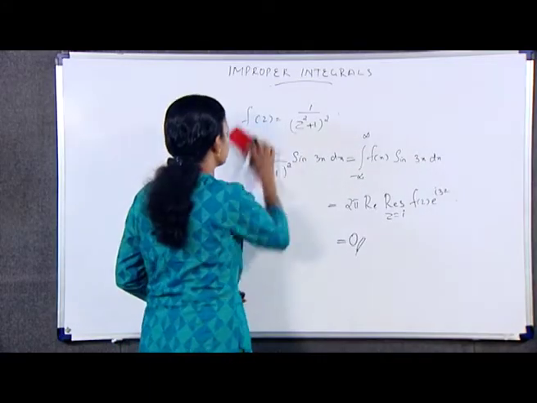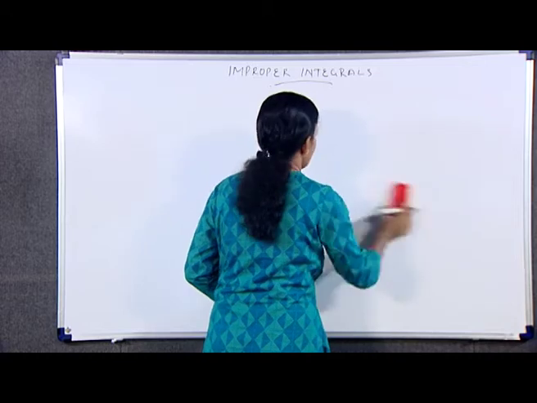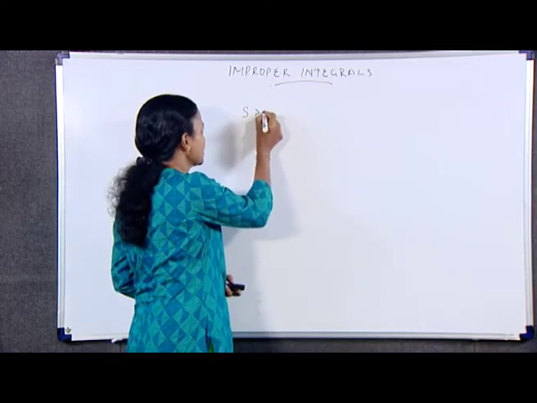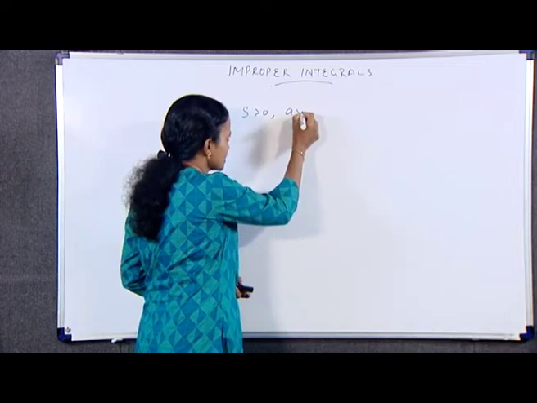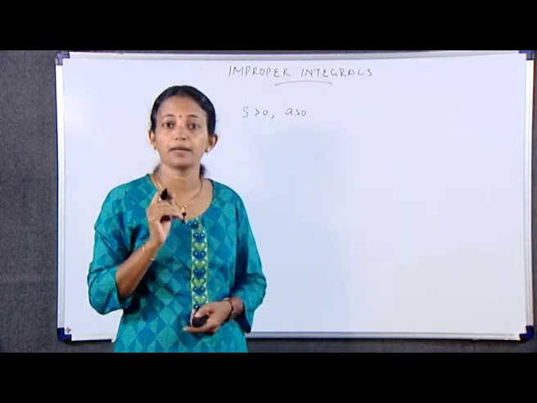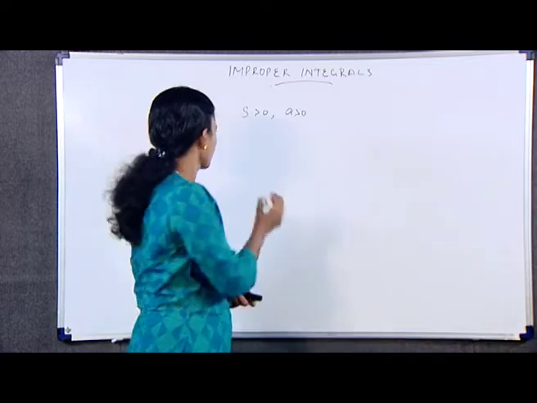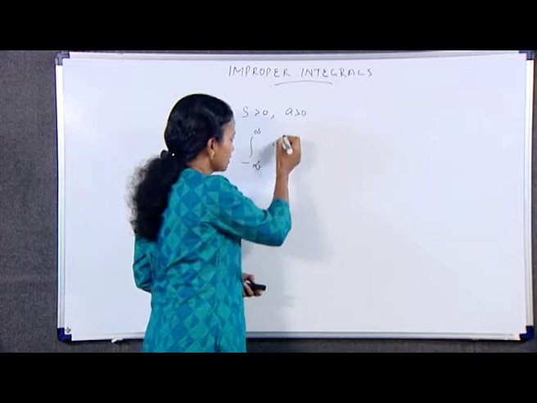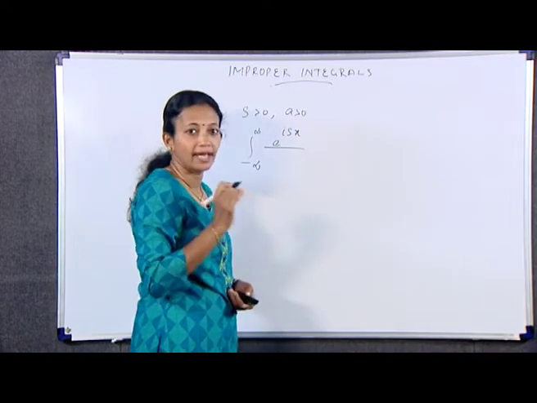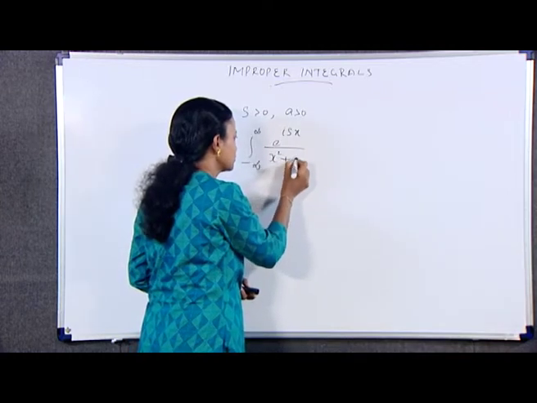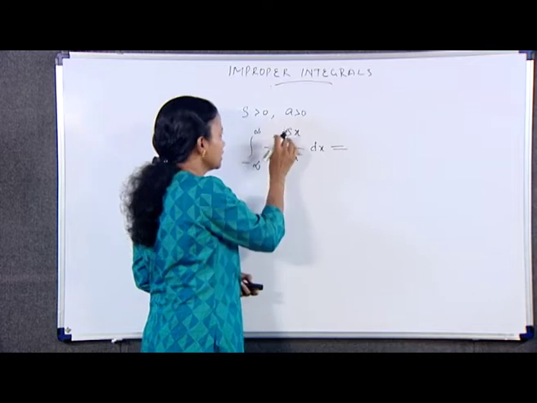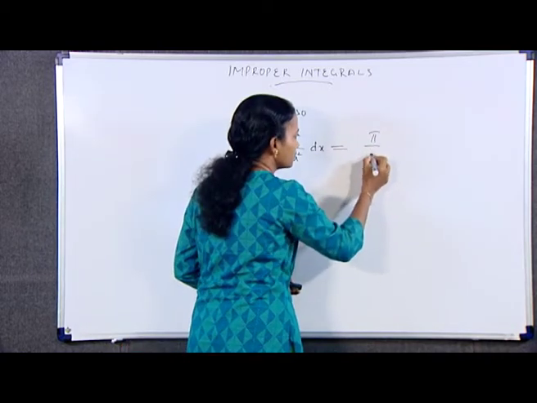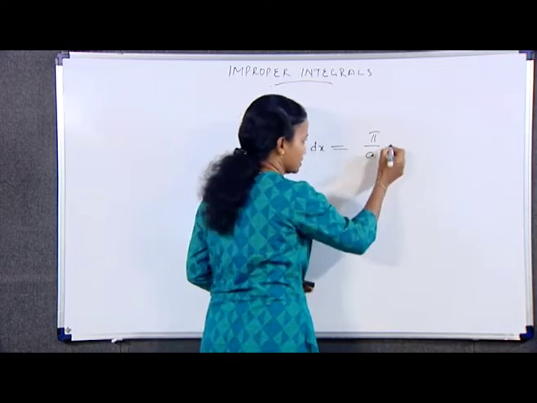Next example. Show that if s greater than 0, a greater than 0, then integral minus infinity to infinity e raised to i s x divided by x square plus a square dx is equal to pi by a e raised to minus a s.